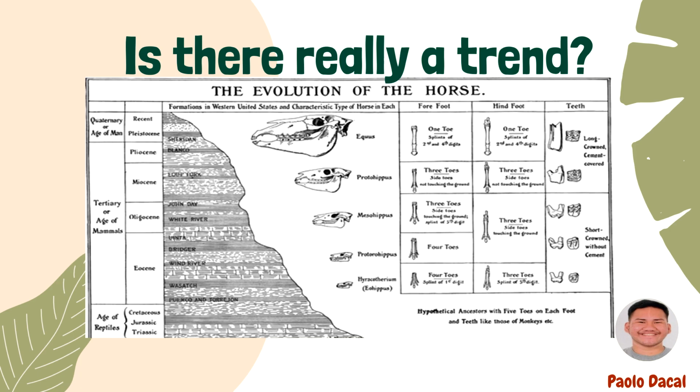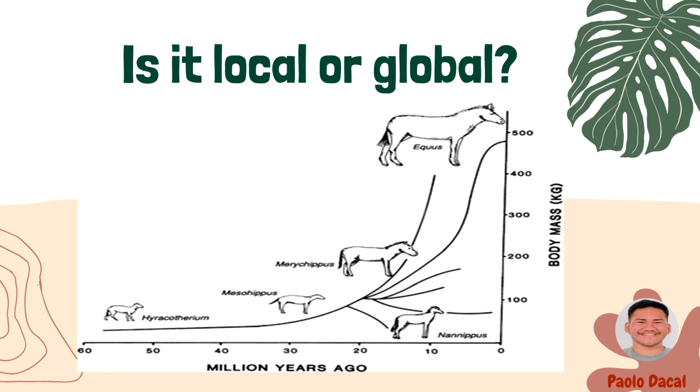The figure on your screen was first printed in 1903, depicting the classic trends in horse evolution, including increase in body size, reduction in number of toes, and increase in height of grinding teeth. The figure evidently shows a trend toward increased body size in horses, but it is localized to certain genera and time periods and reflects increasing diversity rather than a strong global tendency across all lineages.